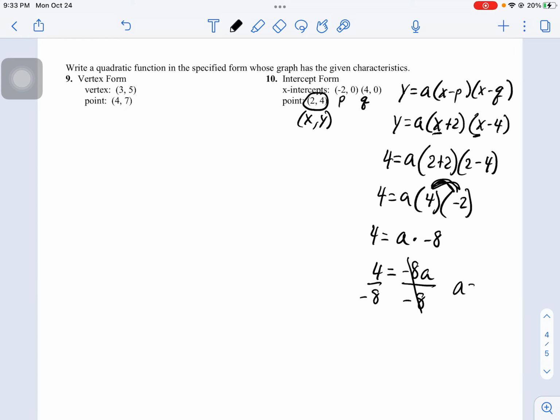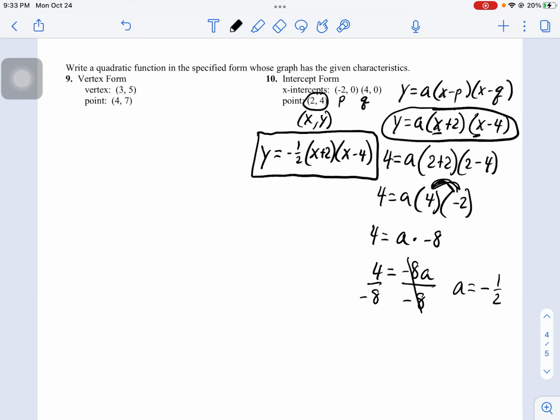So your answer is going to be a = -1/2. It's okay to have a fraction. And that means that our final answer, so we're going to look back at this line right here. Everything's the same except we know the a value is now -1/2. And then it would just be (x + 2)(x - 4).